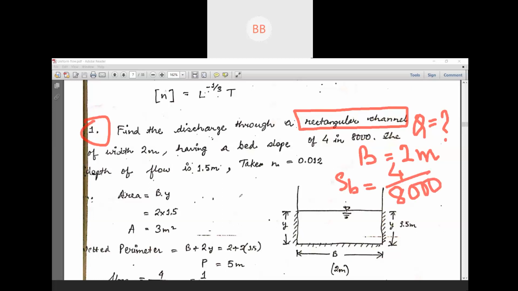Then they have given the depth of flow, that is the y value, 1.5 meter. And they have given Manning's roughness coefficient 0.012. These are the given data. With the help of this data, we need to calculate the discharge through this rectangular channel.